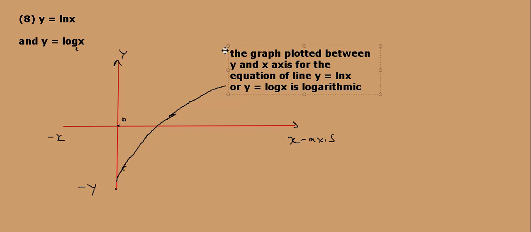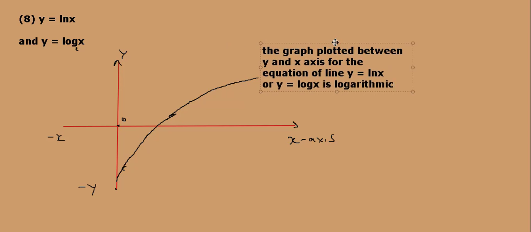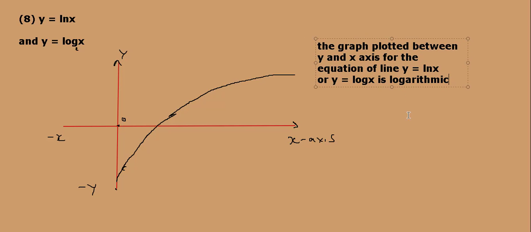So this is the nature of the graph. The values rise very, very fast in that case. First it is in the negative coordinate, then it will keep on changing in that way. So this is all the idea regarding the nature of the graph.